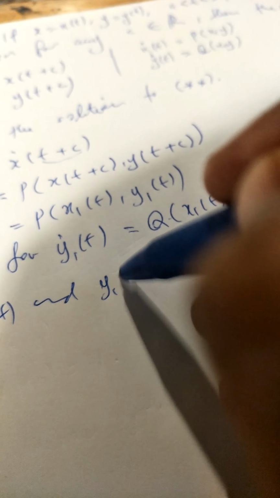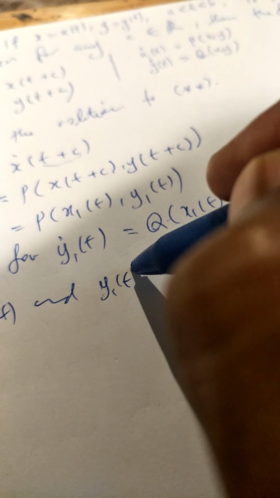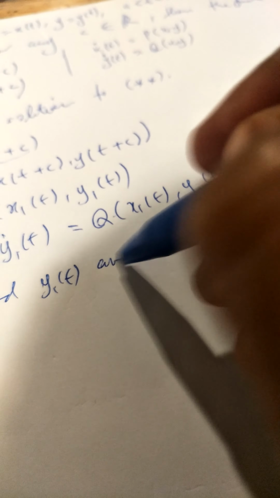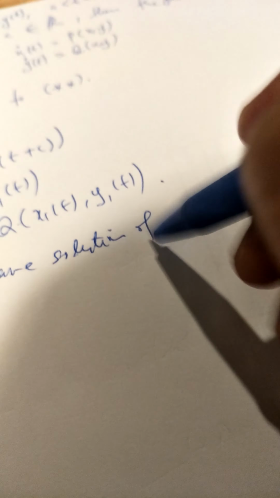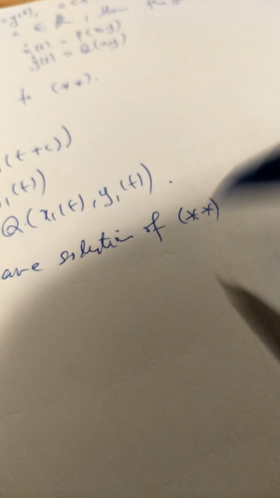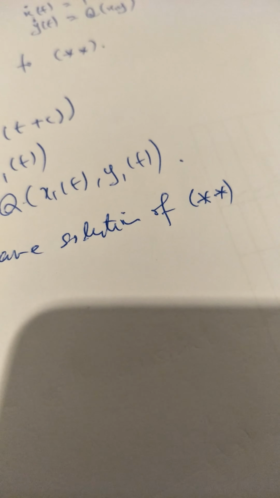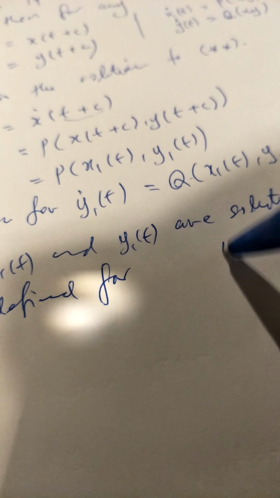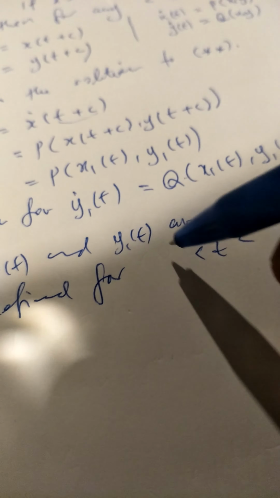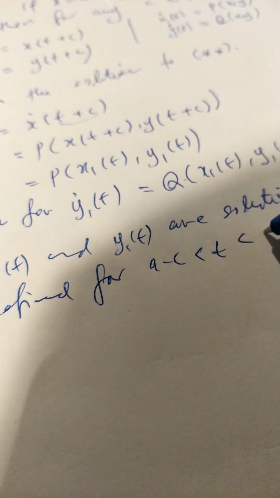So this shows that x1(t) and y1(t) are a solution of our autonomous system double star, and clearly it is defined for t between a minus c and b plus c.